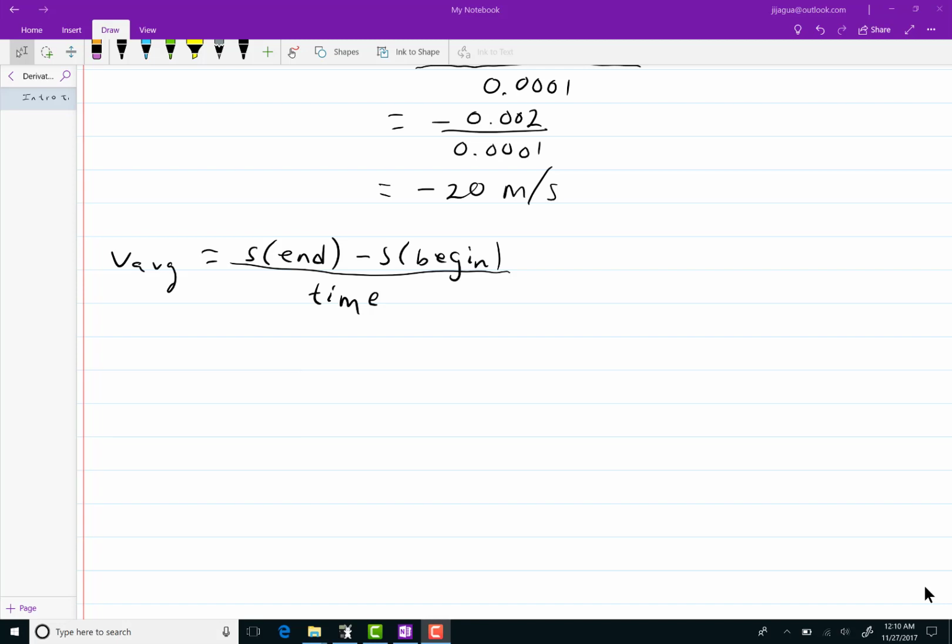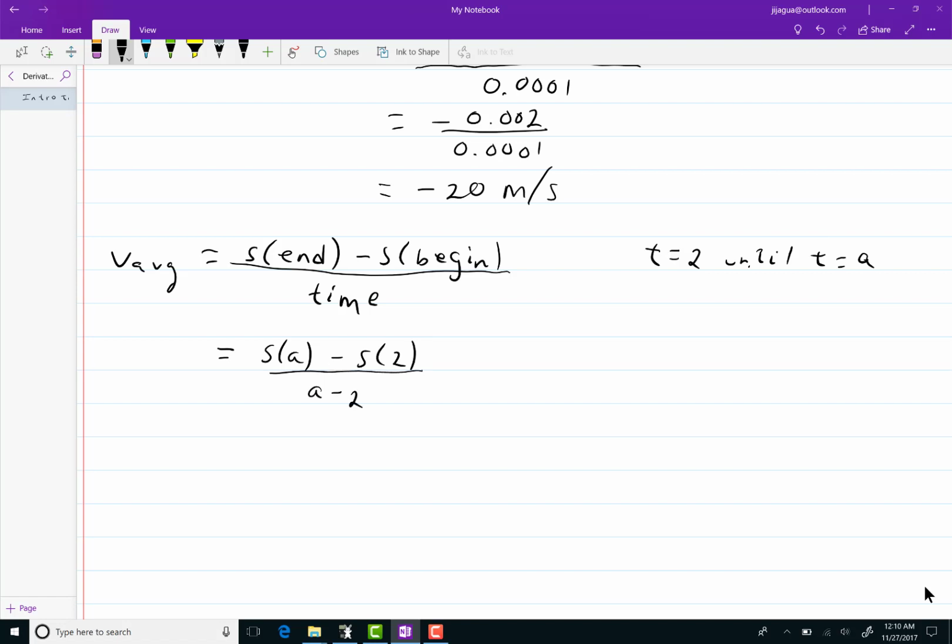And I'm not really sure what I'd like to put here, but let's just say we go from t equals 2 until some small increment later. I don't know, let's call it until t equals the number a. I don't know what a is, but I'll let a be some number. So the way this is going to look will be s of a minus s of 2 all over a minus 2.